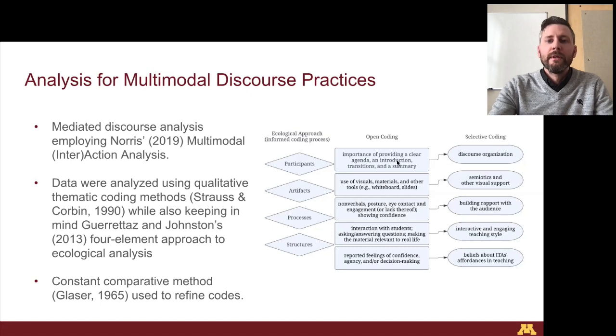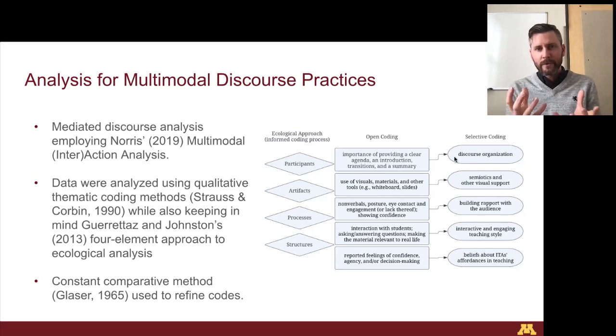So for example, these elements of providing a clear agenda, introduction, transition, summary, seemed to be important, and my observations were grouped under one bigger category of discourse organization.